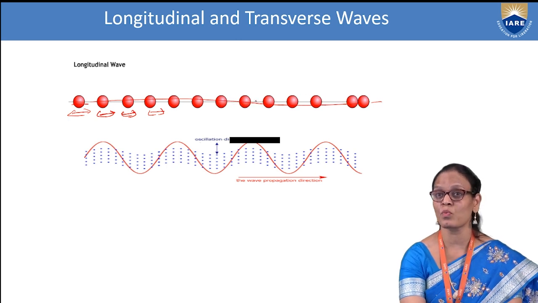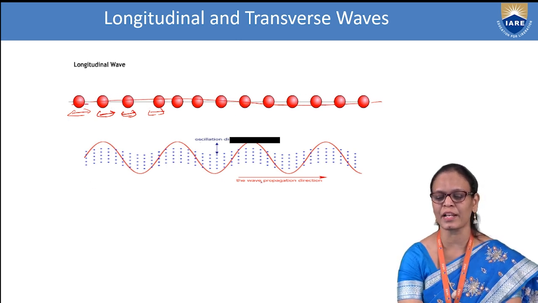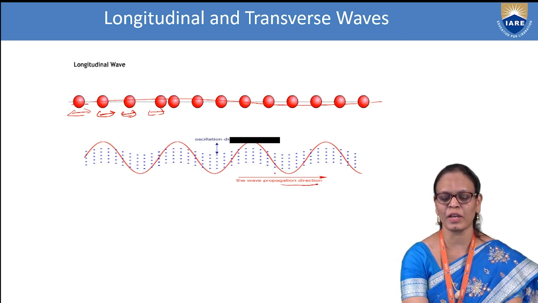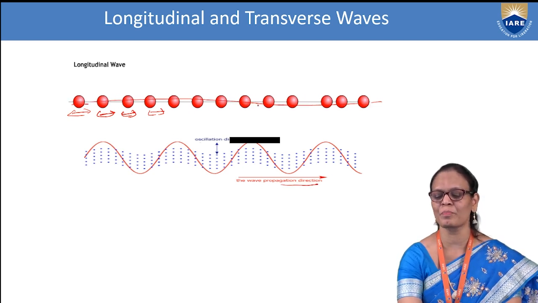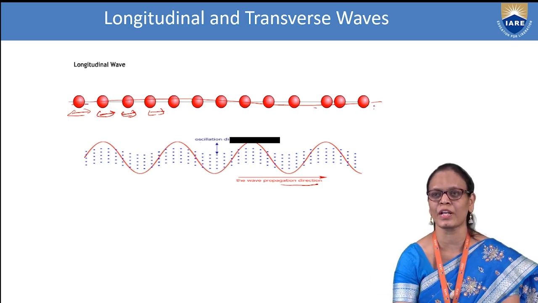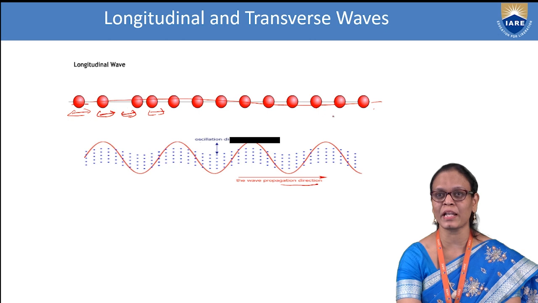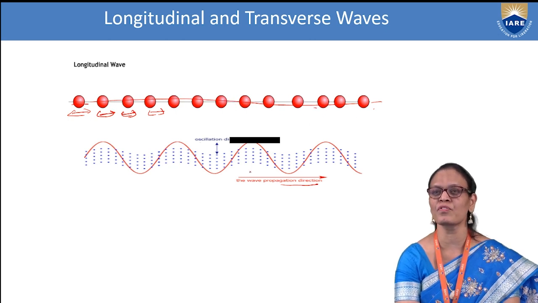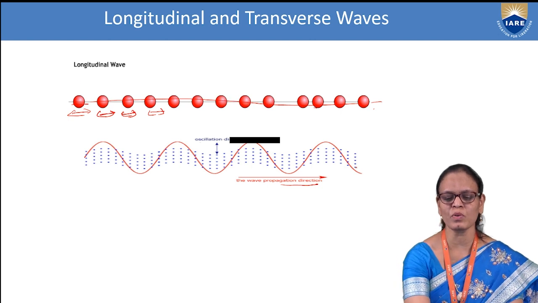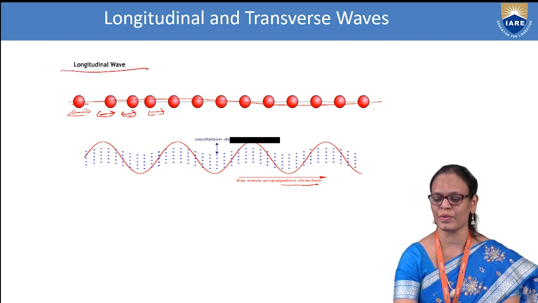They are vibrating parallel to the direction of propagation of the wave. The medium is the string here, through which the wave is moving. So the particles are vibrating parallel to the direction of propagation of the wave. Then you call it a longitudinal wave.